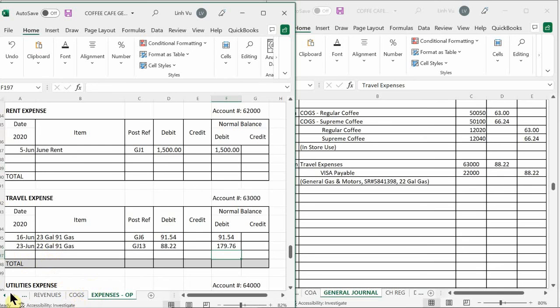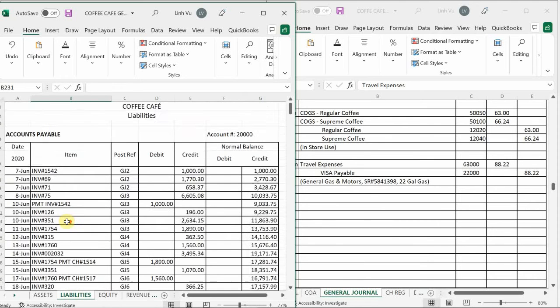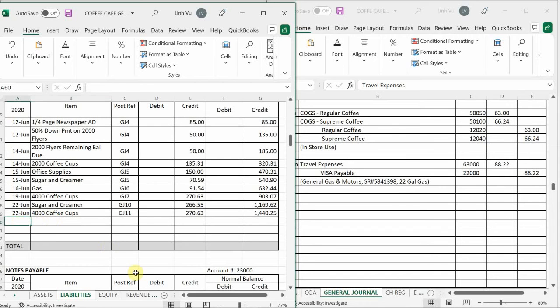We also need to update our credit card because we owe more money on it now. Okay, for $88.22. So, how much money do you owe on your credit card now?